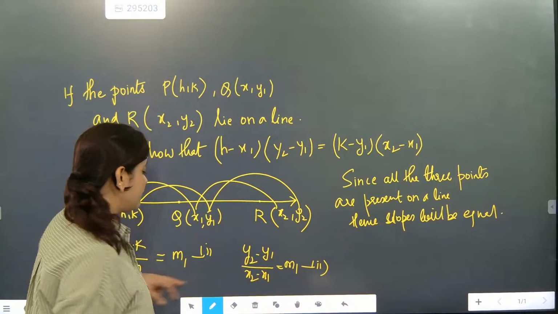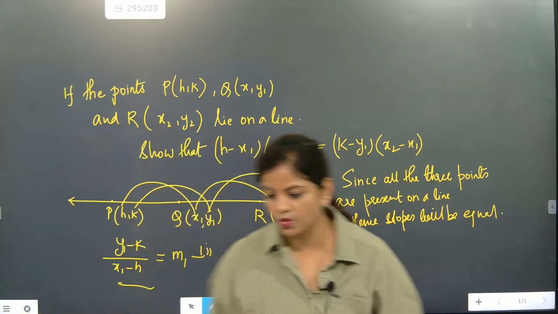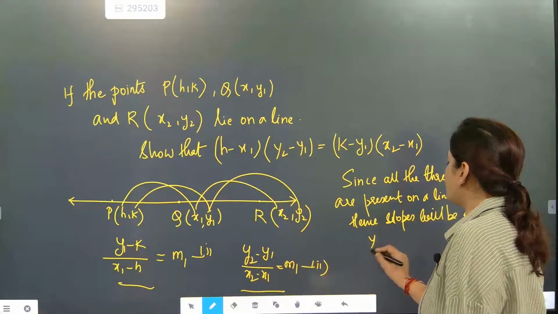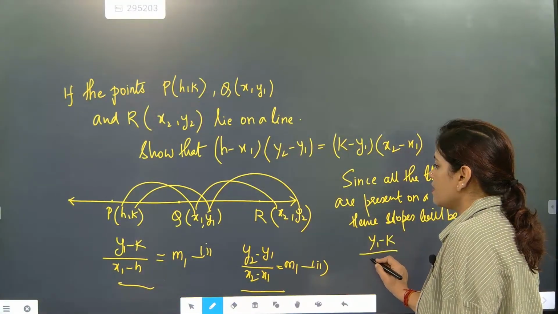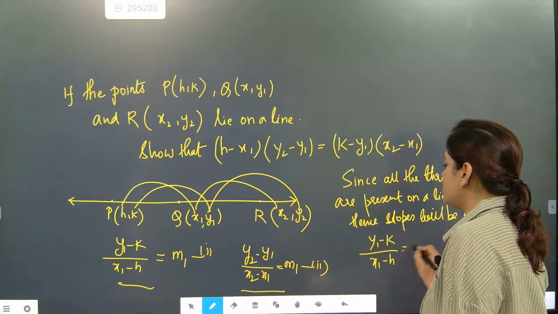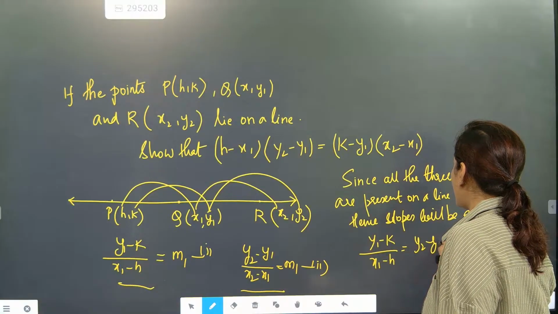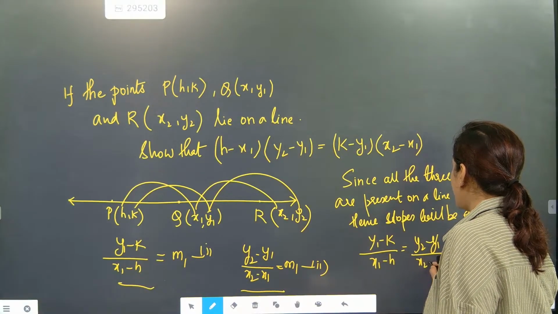So directly we will write this one equal to this one. So what will it become? (y1 - k)/(x1 - h) equal to (y2 - y1)/(x2 - x1).